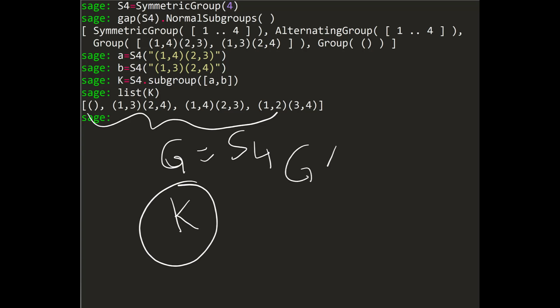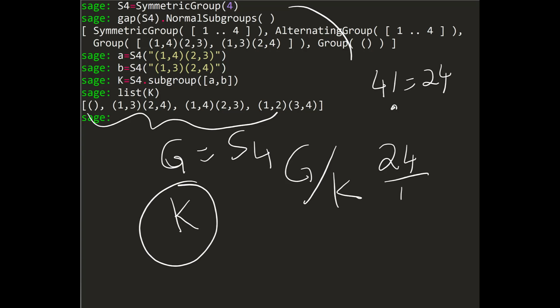G has 4 factorial, that is 24 elements. So G factored by K will have how many? 6 elements. So there will be 6 cosets and they will form a group.